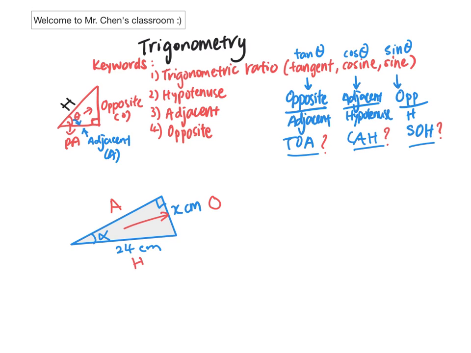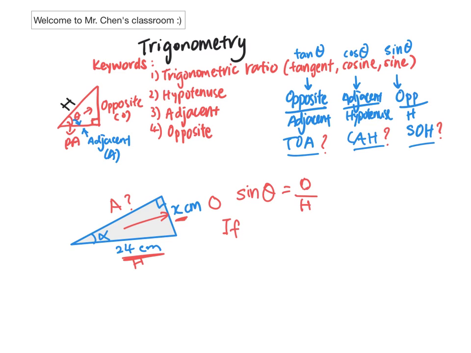Straight away it highlights that this is given and this is not given, but that is unknown. So I know I will have to use sine, because sine is opposite over hypotenuse. Opposite here is x and hypotenuse here is 24.